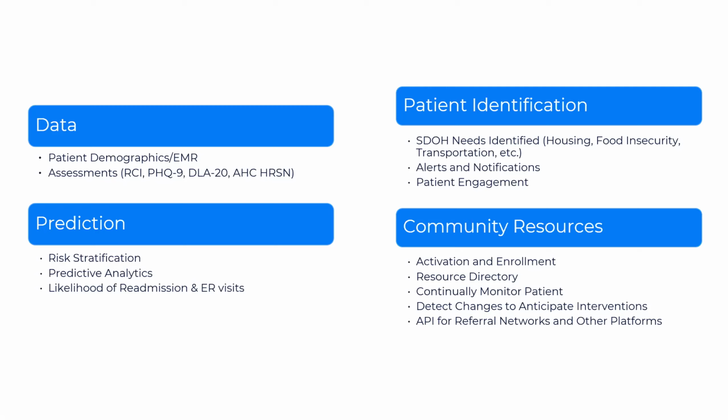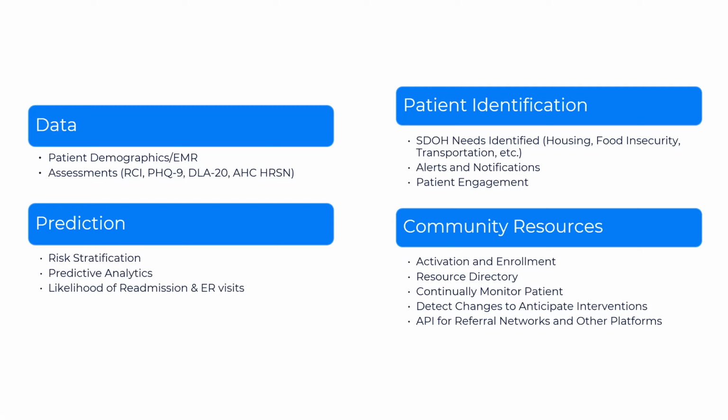Once you have all the data in, then you can help with the prediction models, so you can risk stratify those patients to look for likelihood of readmissions and ER visits. Additionally, we can look at the patient identification. This is where the SDOH needs are identified, whether that's housing, food insecurity, transportation.